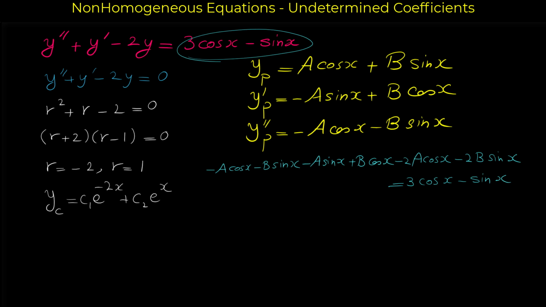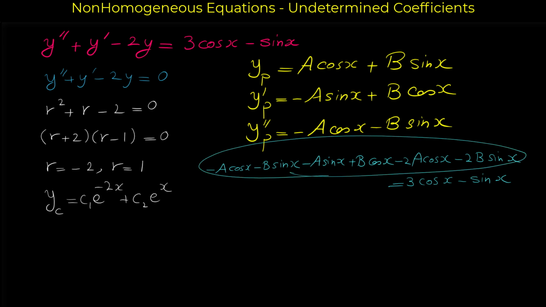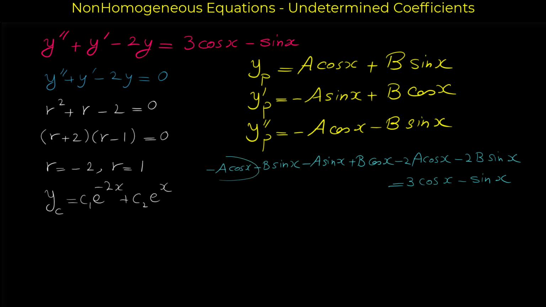Before doing anything else, let's simplify this part of the equation. We have negative a cosine x plus b cosine x minus 2a cosine x. So what is the coefficient of cosine x on the left side? For cosine x, we have negative a, b, and negative 2a. So we have b minus 3a as the coefficient of cosine x.